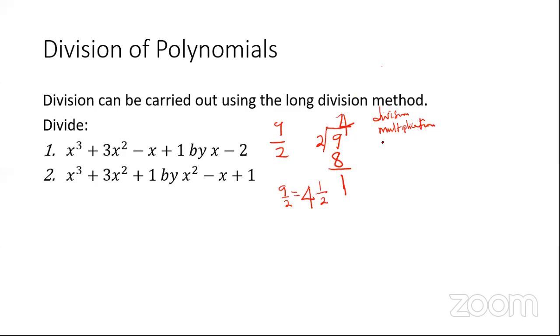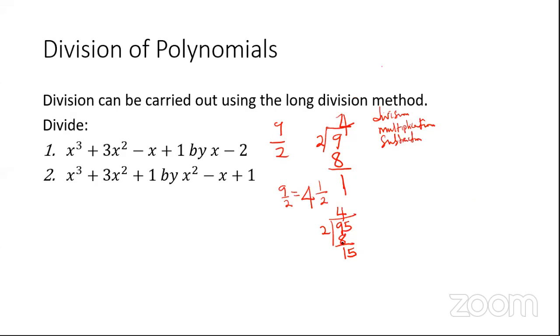If we have more than this, maybe 95, for example, that's the same way you are going to do it. You say 2 in 9 is 4. 2 times 4, 8. Then we subtract, 9 minus 8, 1. We now bring down this 5, so it becomes 15.